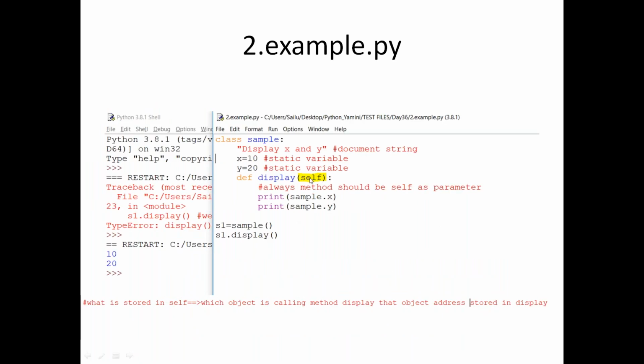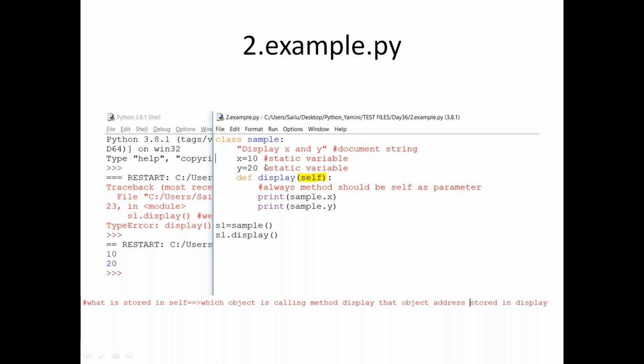So I used the self option again, just modified it and used the self option. The indirect address of the sample will be passed to display because in my last statement s1.display is there. So I'm calling a method called display. My s1 indirect address will pass to display, and since it has the self option, the address will be passed here, and it prints sample.x and sample.y.